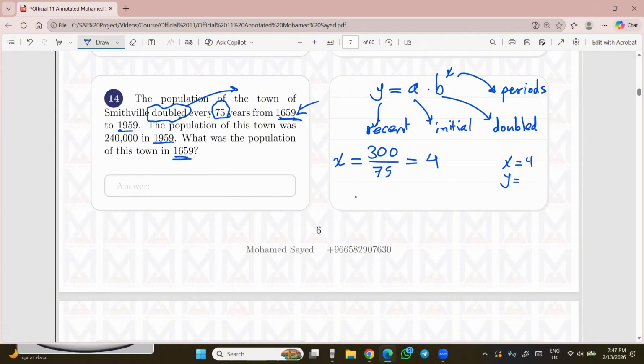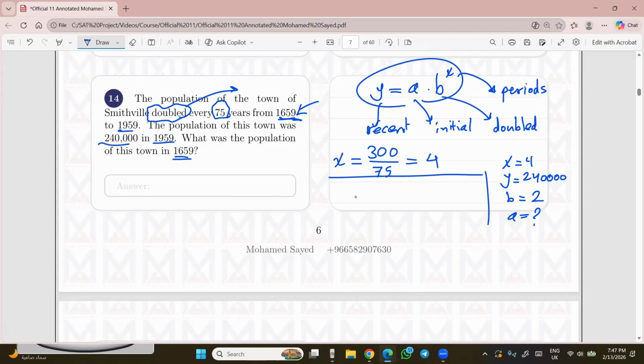Y, which is the recent, is equal to 240,000. B is doubling, which means 2. And A is the required one. So let's write the equation again. Instead of Y, we write 240,000 equals A, and we do not know the value of A, but B is equal to 2, and then the exponent should be 4.